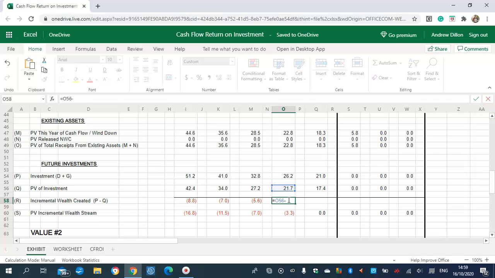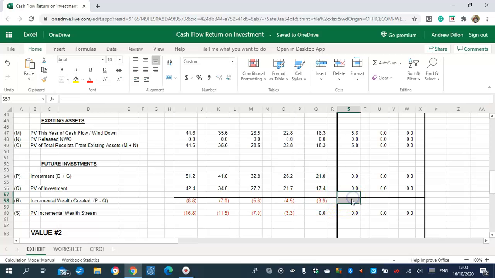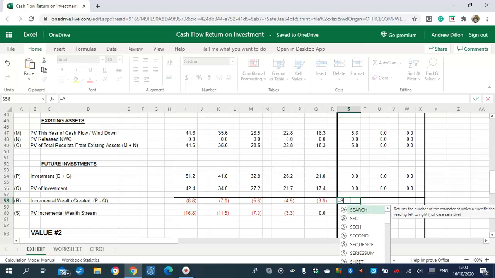O56, and it's O54. Q56, Q54. And that's S56 minus S54.